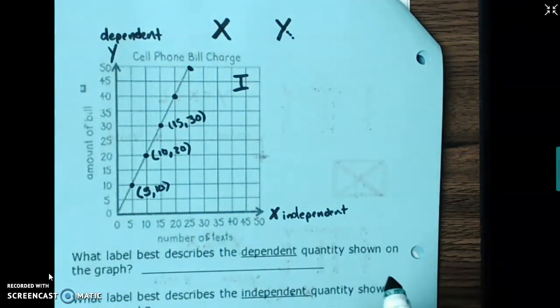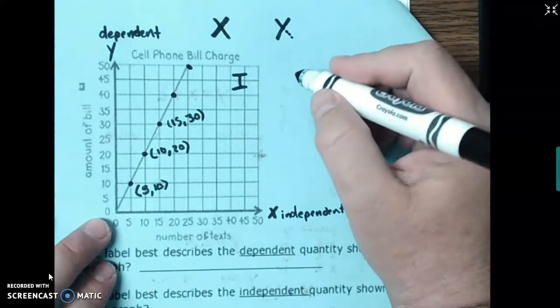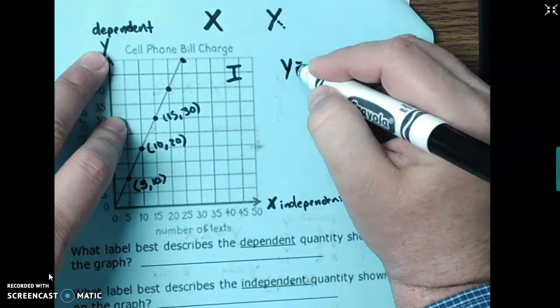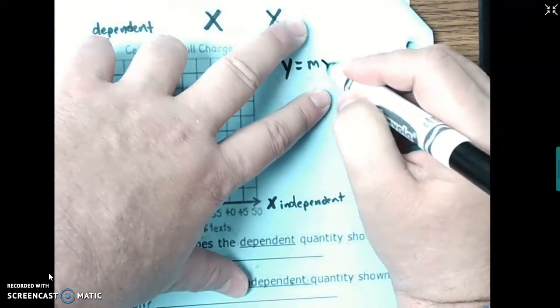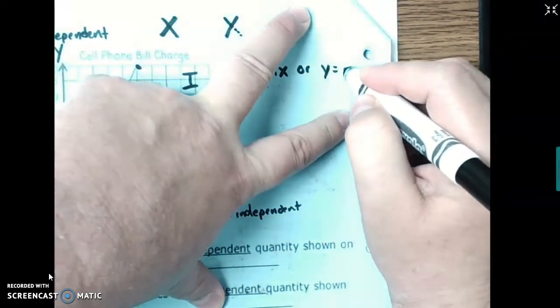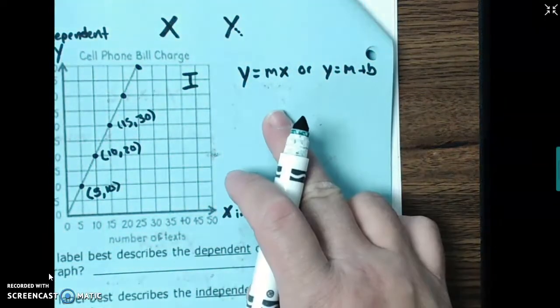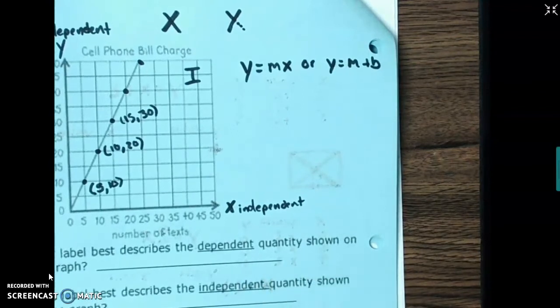So, if you remember, what we talked about is that equation we're using, y equals m times x, or y equals m plus b, and next year you will combine those two and you will get the y equals mx plus b that we talked about.